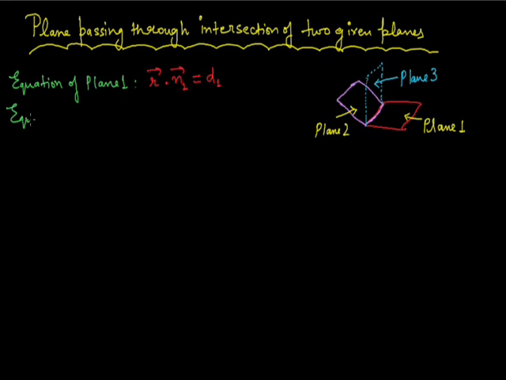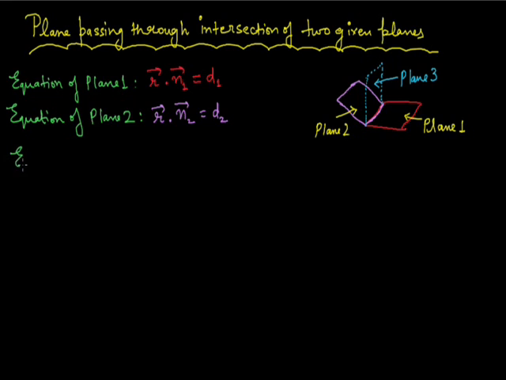Similarly, suppose the equation of plane 2 is given to us as r vector dot n2 vector equals to d2. And now we need to find the equation of plane 3.